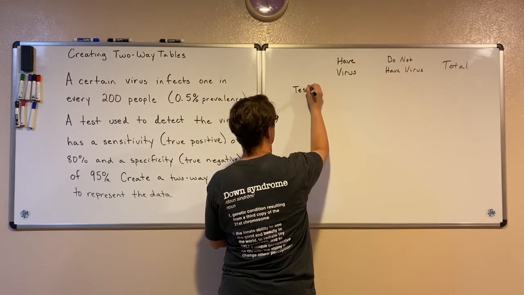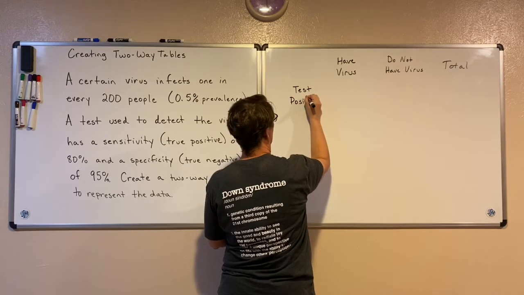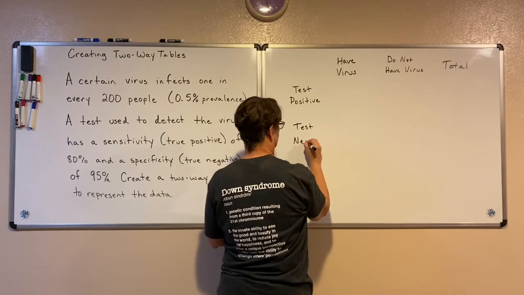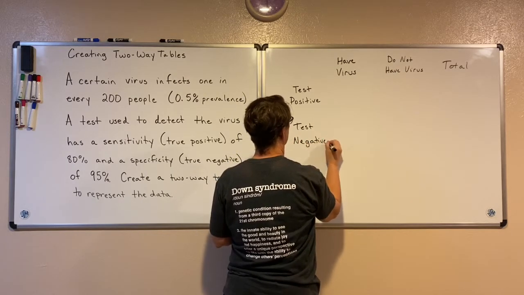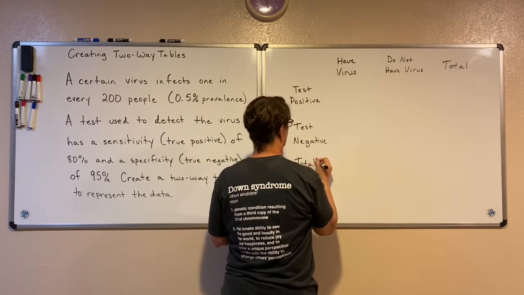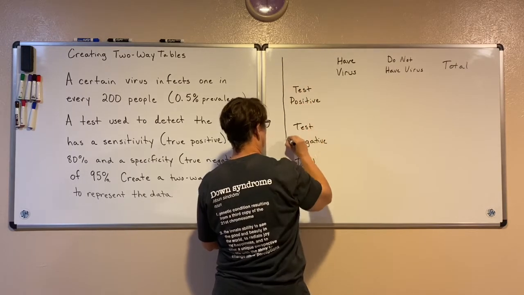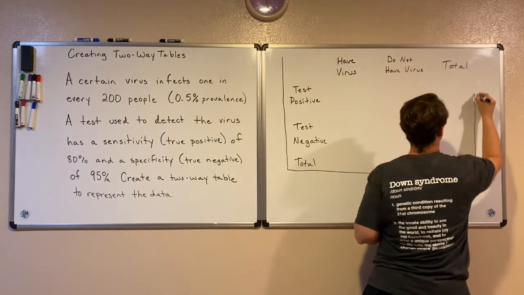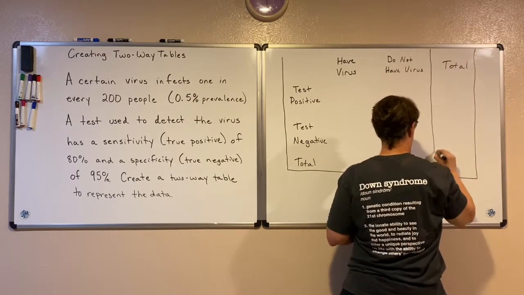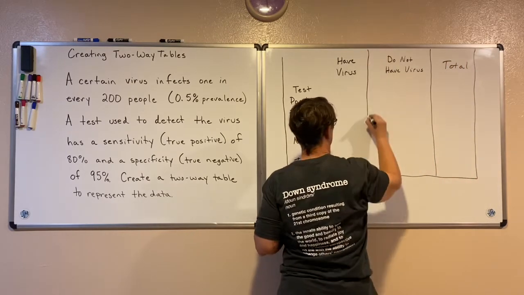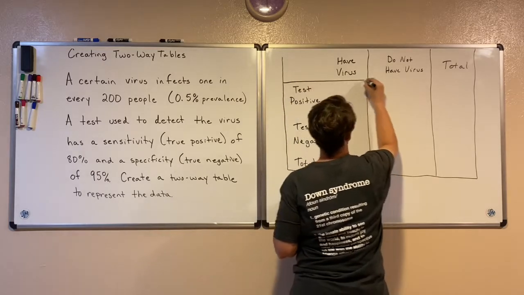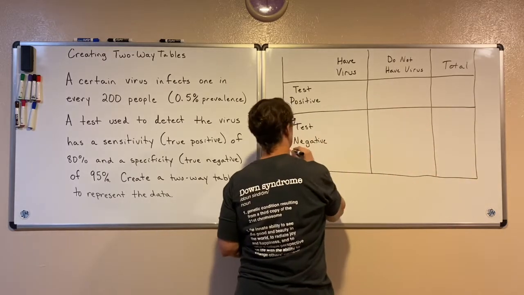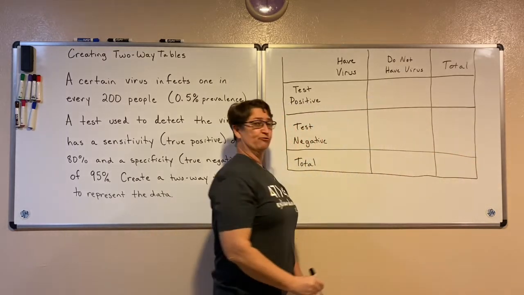I test positive, or I could test negative. And then the total number here. So as I create my two-way table, the first thing I have to determine is the variables in my situation. What variables am I collecting data on? Then I'm going to start to fill in this two-way table, and I'm going to use the information I have.